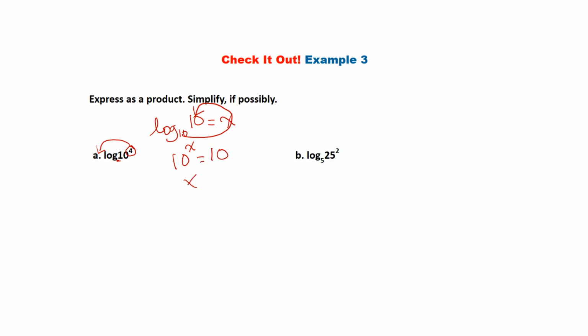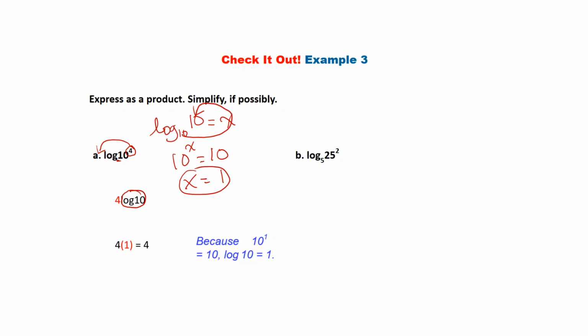And so I know that x has to equal 1 because 10 to the first power is 10. Now I'm going to take that 4 that I moved over, 4 times log 10, and I know that my exponent is 1, so I replace log 10 with 1. And so 4 times 1 equals 4, and that's your answer.